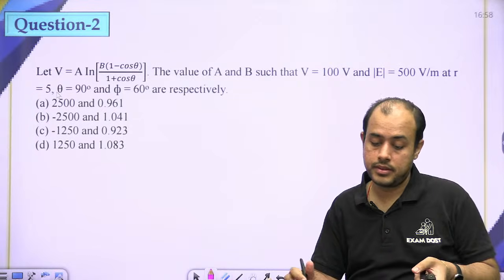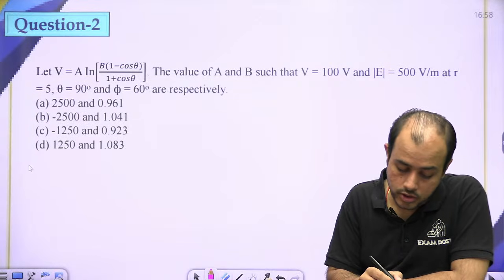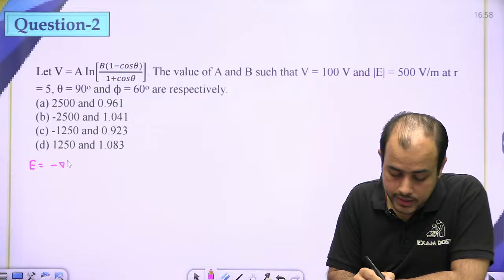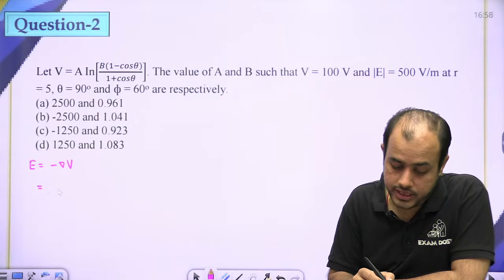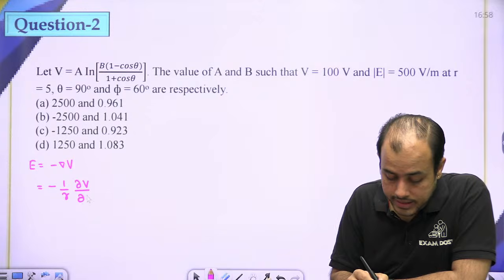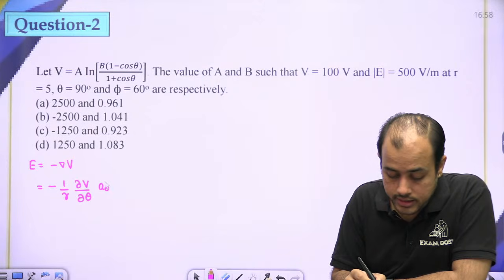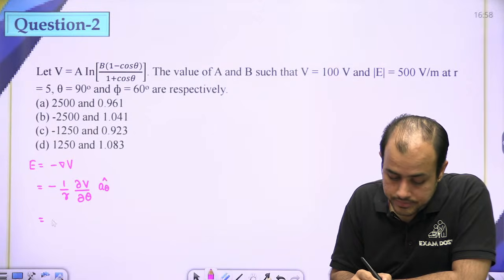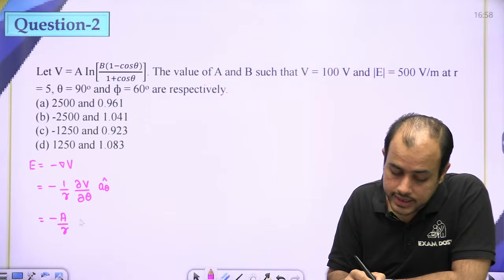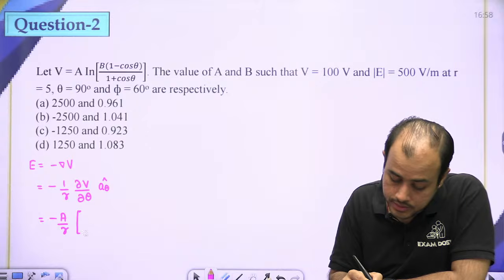See, brother, first of all, electric field is minus gradient of V, so minus 1 by r del V by del theta, because there is only one component. What is the derivative of log?